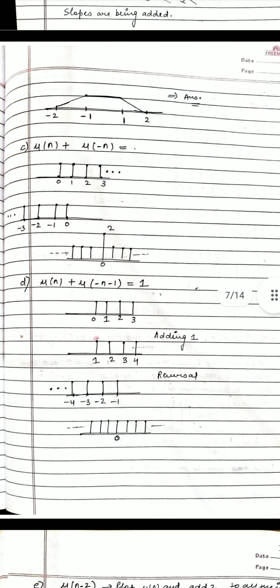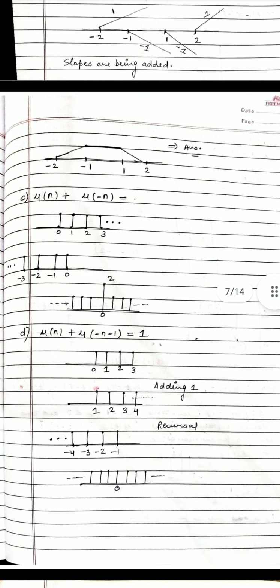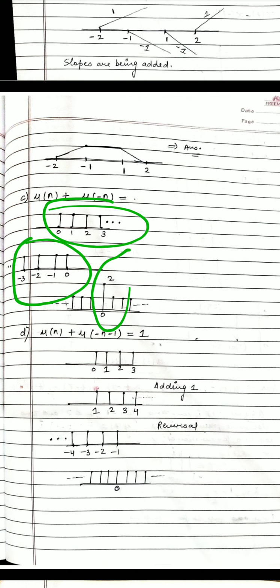Now discrete time signals. u of n, u of minus n. As u of n starts from 0 to infinity, u of minus n starts from minus infinity to 0. If we add these two things, then at 0 we will get value as 2.